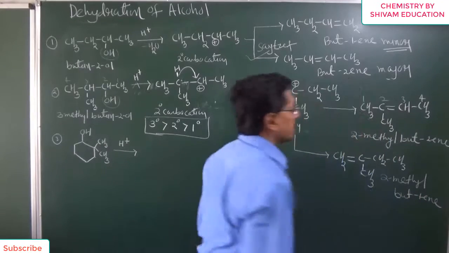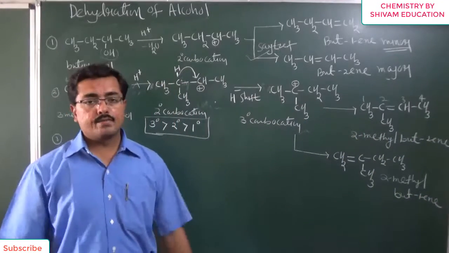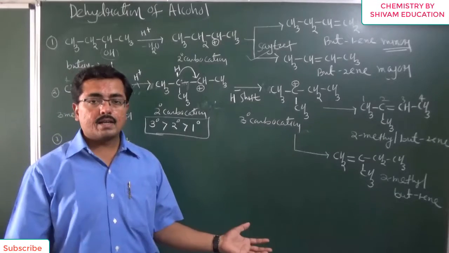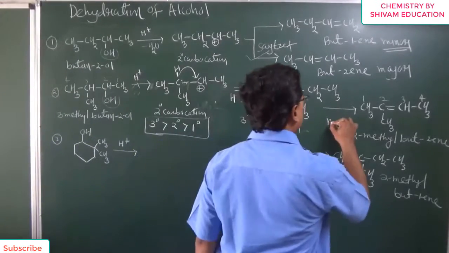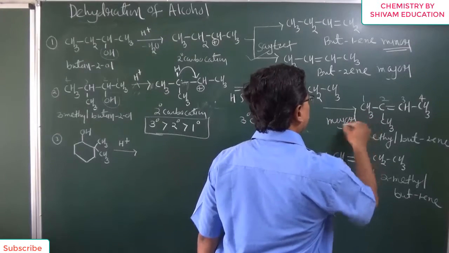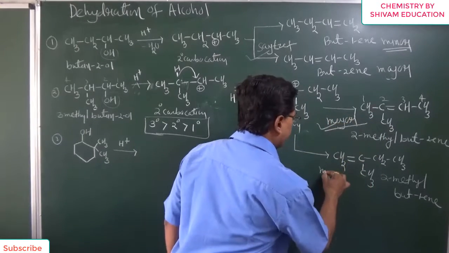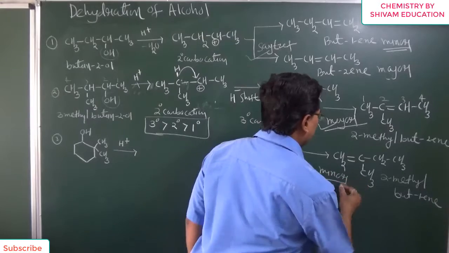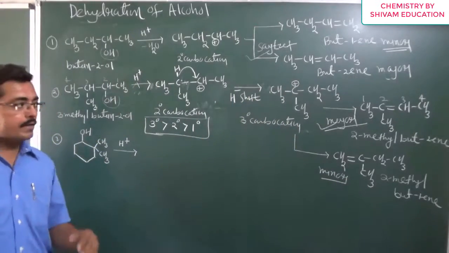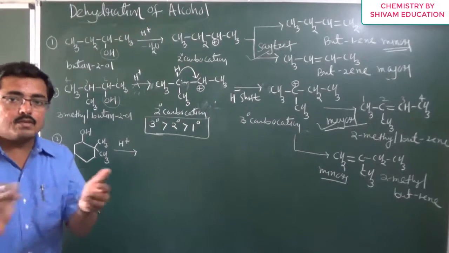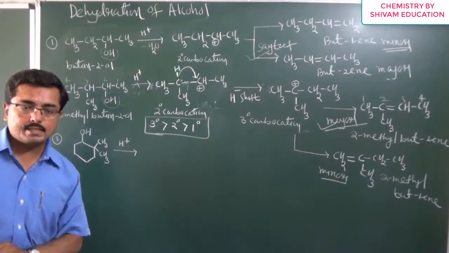So which will be the major product? According to Saytzeff rule, the more substituted alkene will be the more stable product. So according to Saytzeff rule, this will be obtained as a major product and this will be obtained as a minor product. So you have to select what is the major and minor product. If you know the mechanism, then you can solve this type of example very easily.